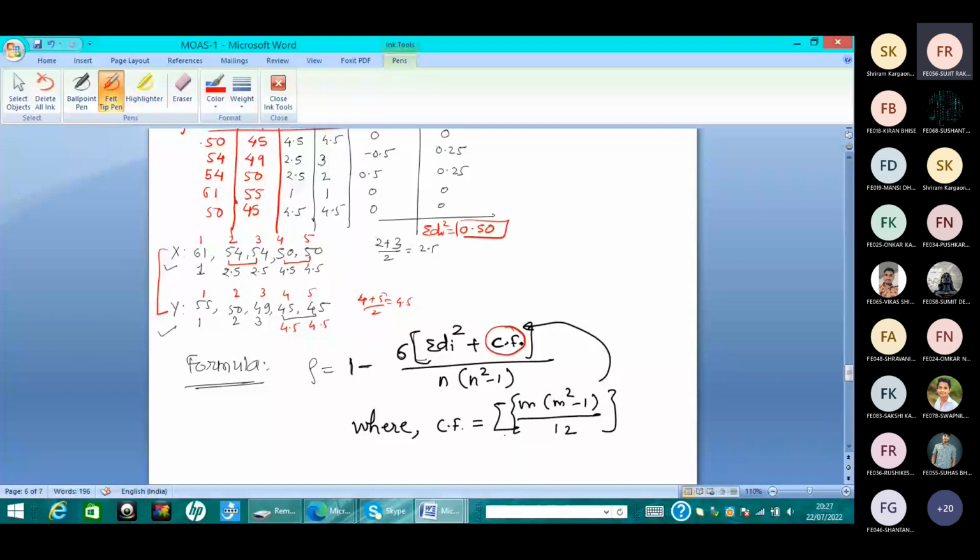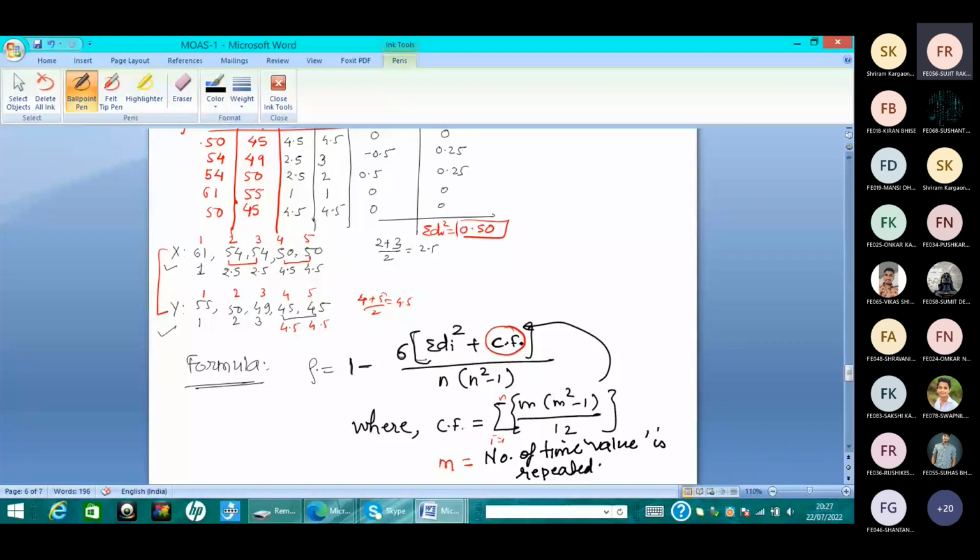I have read from 1 to n. Now one more question arises. What is m? Okay, so the number of times a value or observation is repeated, irrespective of either in x or y. Okay, the value is repeated. So how many times it is repeated, that count. Okay, so as I said, this is the formula.